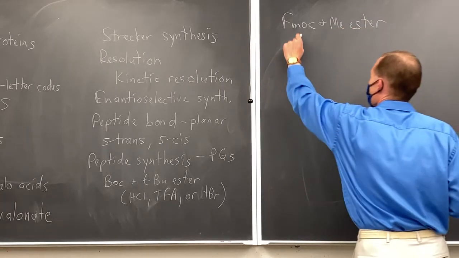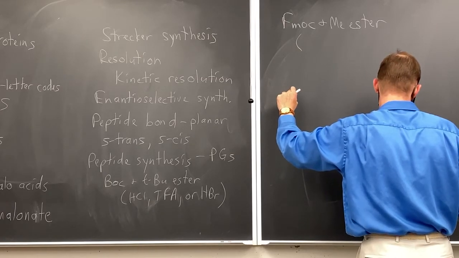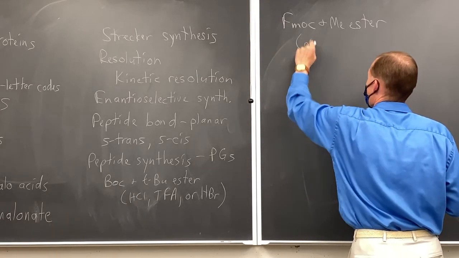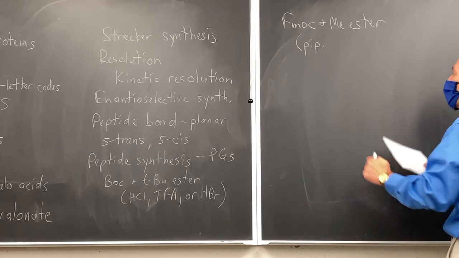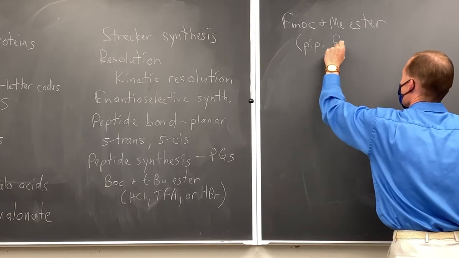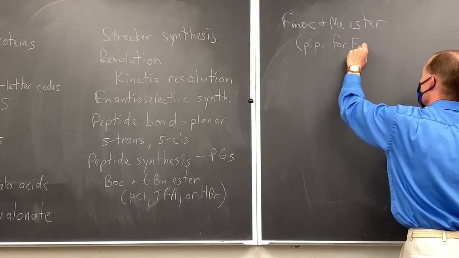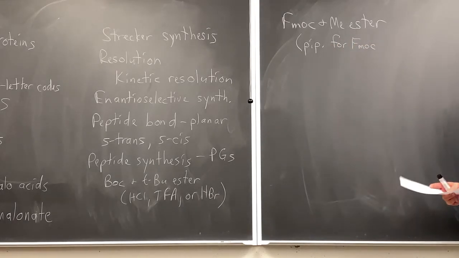And in this case, we can use piperidine. That's a secondary amine. I'll just abbreviate that here on the board. Piperidine will cleave just the Fmoc. That wouldn't cleave a methyl ester.